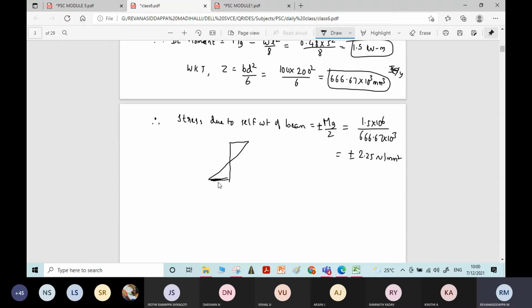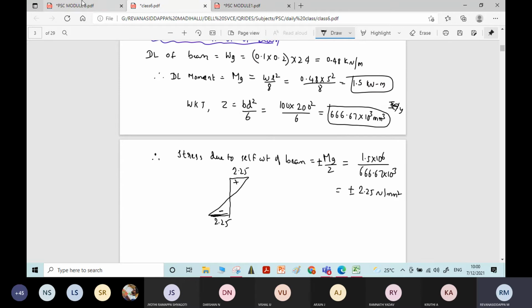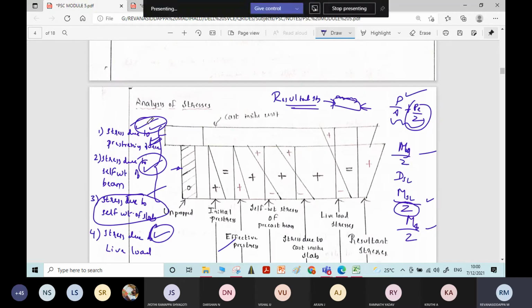Here tensile stresses take a negative sign, compressive stresses a positive sign: plus 2.25, minus 2.25. Okay. Now two steps are over.